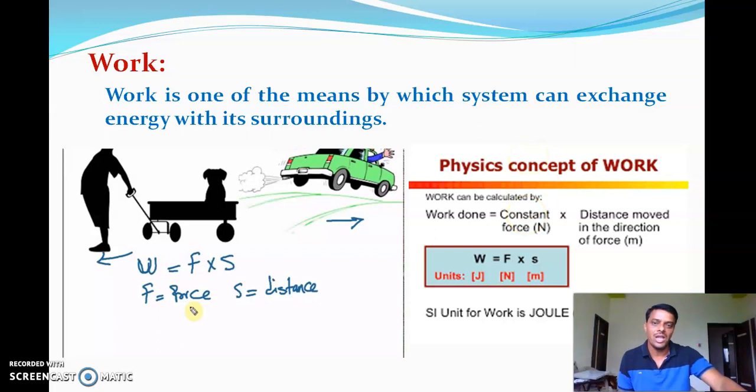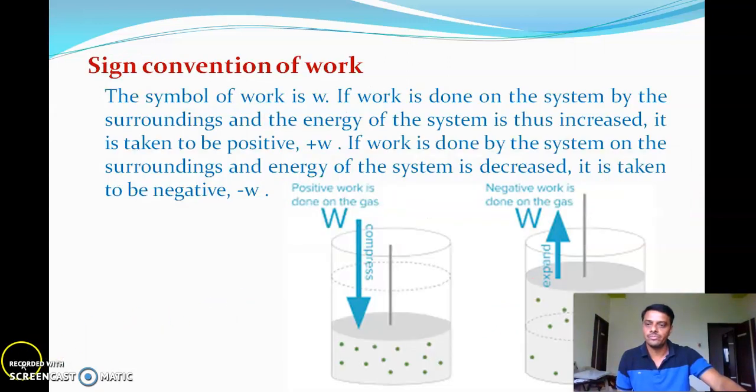That is nothing but the total distance traveled by that system so as to acquire some quantity of work after applying the force F. The SI unit of work is again joule. Work and heat, both concepts are expressed in terms of joule. The unit of both work and heat is joule.